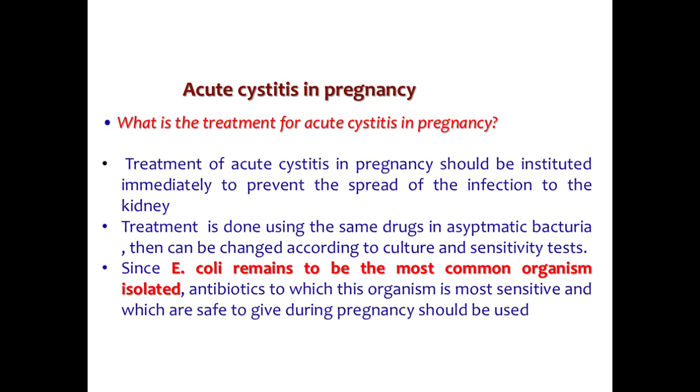Treatment is done using the same drugs we mentioned before for asymptomatic bacteriuria, and if there is a culture and sensitivity test, we will change the antimicrobial treatment according to it. Since Escherichia coli remains the most common organism isolated, antibiotics for this organism are initiated immediately, and this treatment is usually safe during pregnancy.